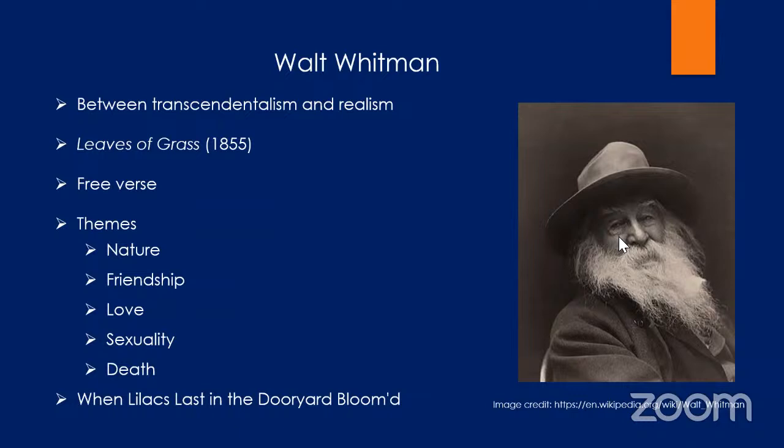Now we know that this was an elegy for Lincoln, but Whitman himself does not name Lincoln specifically in this poem at all. If you read all the lines, you will not see Lincoln being mentioned anywhere. Whitman doesn't directly say this poem is for Lincoln, but it is considered across the world as an elegy for Lincoln.